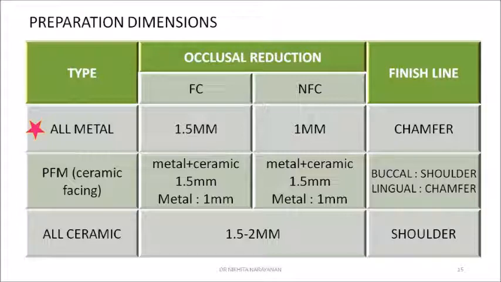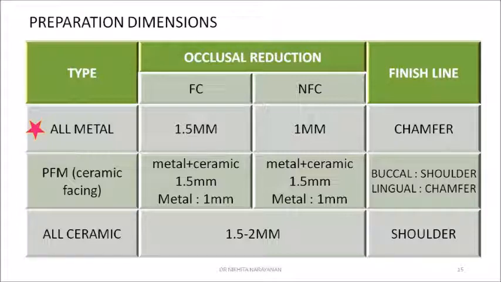For the lower molar, the functional cusp is the buccal cusp. So if we are giving a PFM restoration with ceramic facing, then the buccal cusp will come in ceramic. In such cases, we should have a reduction of 1.5 mm.